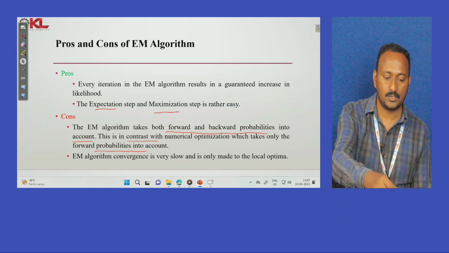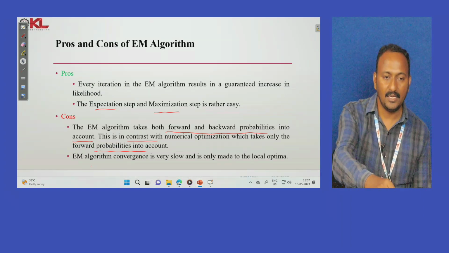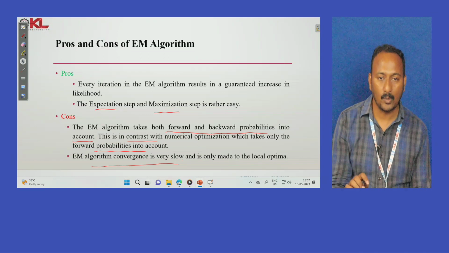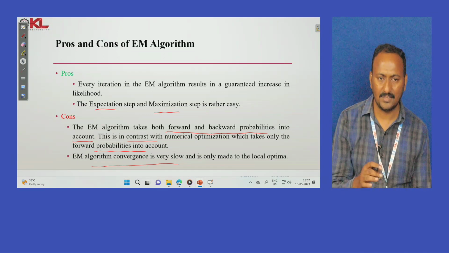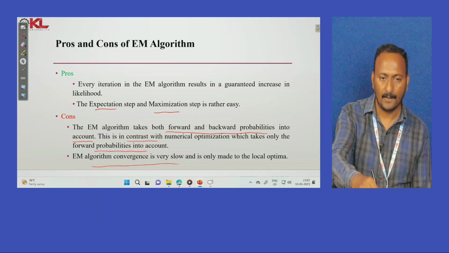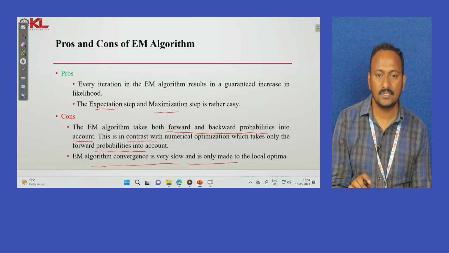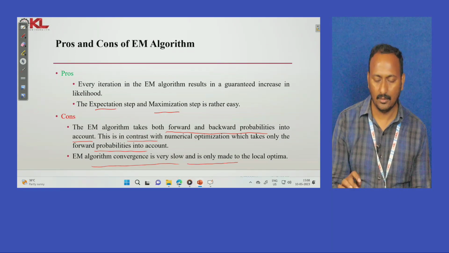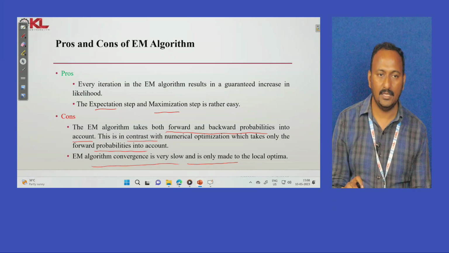This is the first con. The second one is that EM algorithm convergence is very slow. In every iteration we check whether it has converged or not, and the convergence is very slow. It also only uses the local optima, not the global optima. So these are the pros and cons of our EM algorithm.